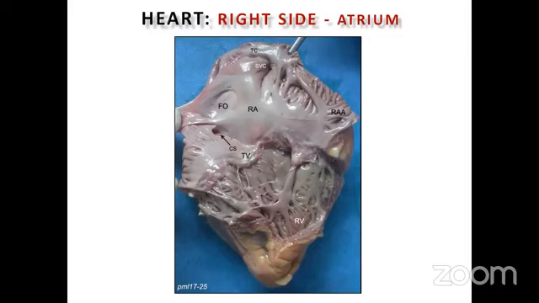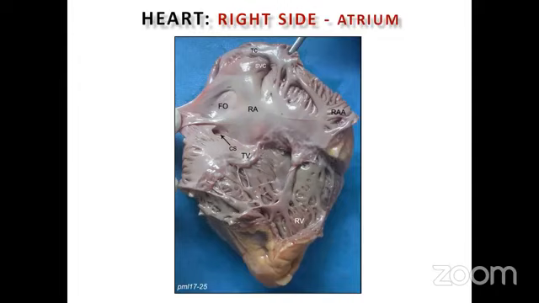I think in the initial first lecture, you would have remembered that even the right atrial appendage has a characteristic morphology. In the same way, even the inner aspect of the right atrium has important morphologies or landmarks.